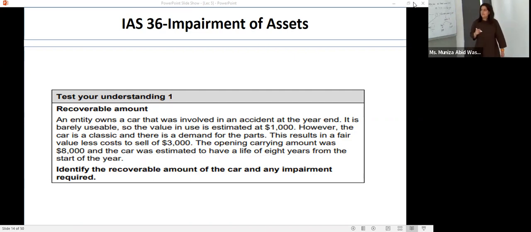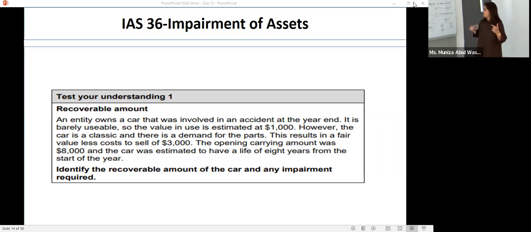Now come to the carrying amount. The opening carrying amount was 8,000 and the car was estimated to have a life of 8 years from the start of the year. The impairment is occurring at the year end and they are giving you the carrying amount at the start of the year. So first you have to calculate the carrying amount at the end of the year.